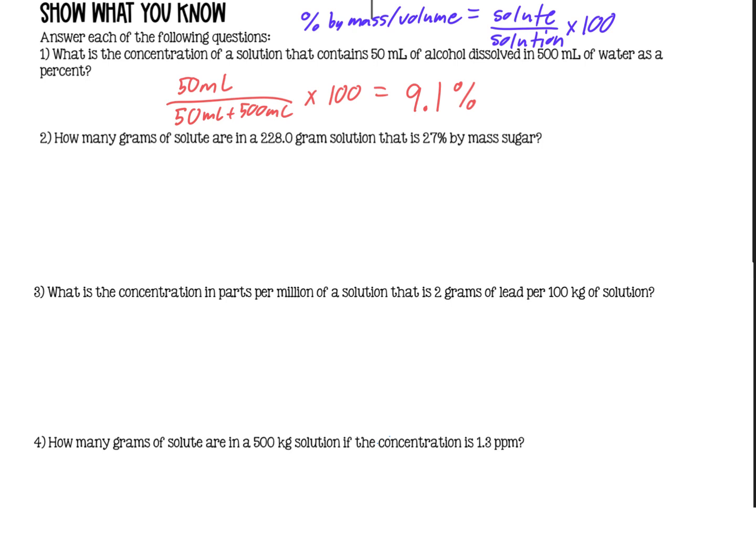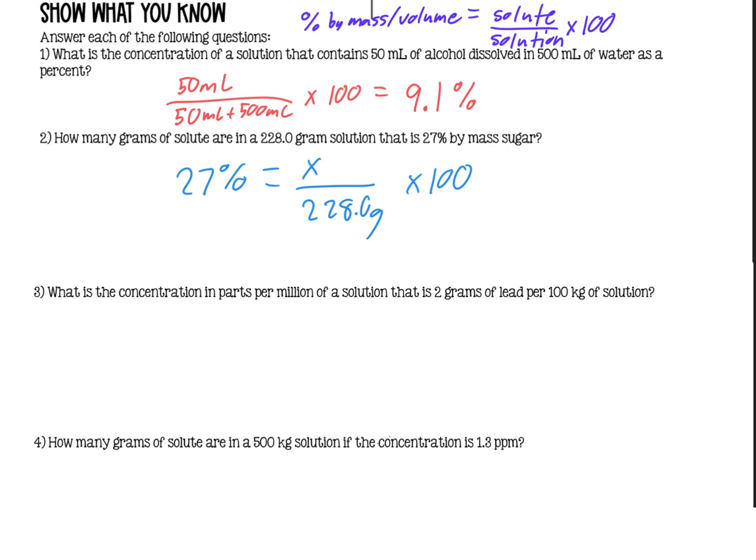Next, we want to know how many grams of solute are in a 228.0 gram solution that is 27% by mass sugar. Here, the percent by mass is 27%. That is equal to the part that is sugar, the solute, over the whole solution, so x over 228.0 grams times 100.